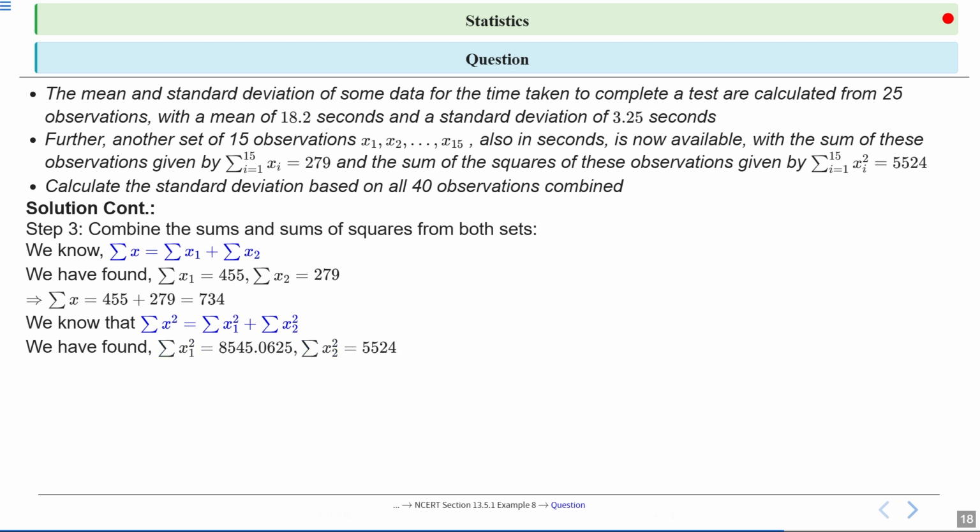And we have found summation x1 square is 8545.0625 and summation x2 square equal to 5524. It implies summation x square equal to 8545.0625 plus 5524 equal to 14,069.0625.